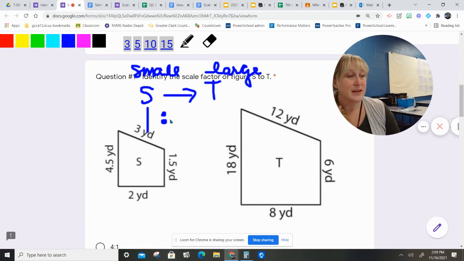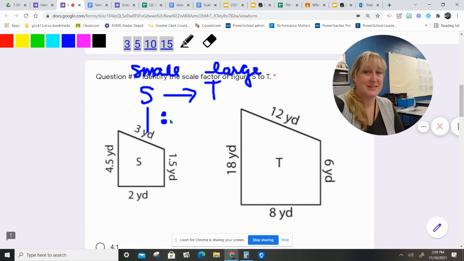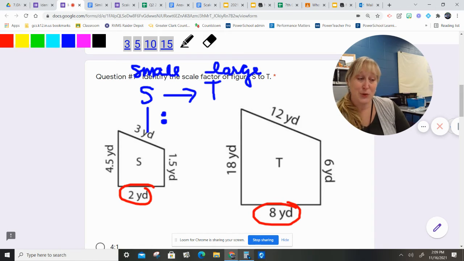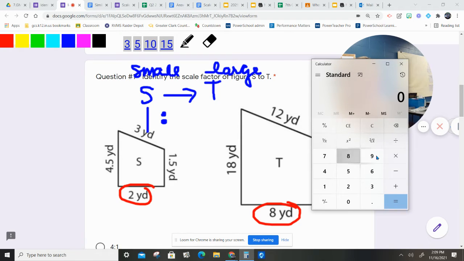Now, it's very, very nice because it ties into our unit rate. What you're going to do is pick two numbers and divide them. 8 divided by 2 is 4.